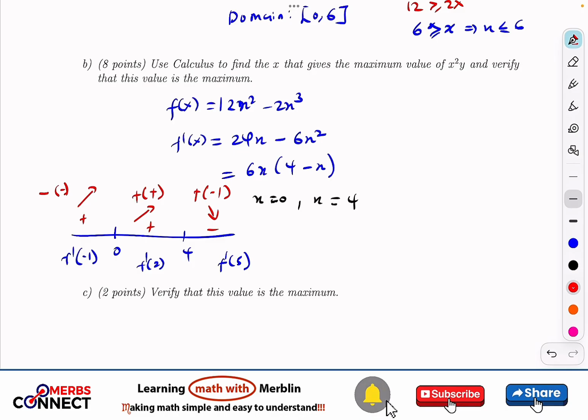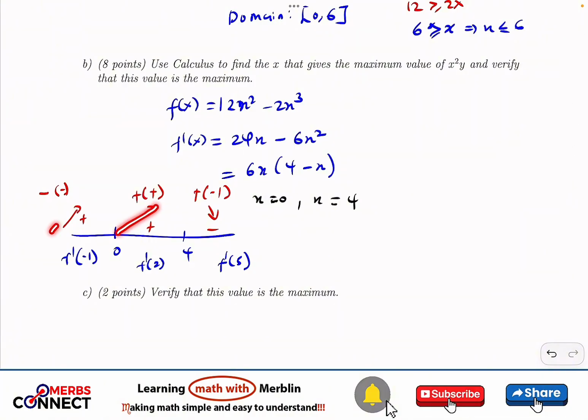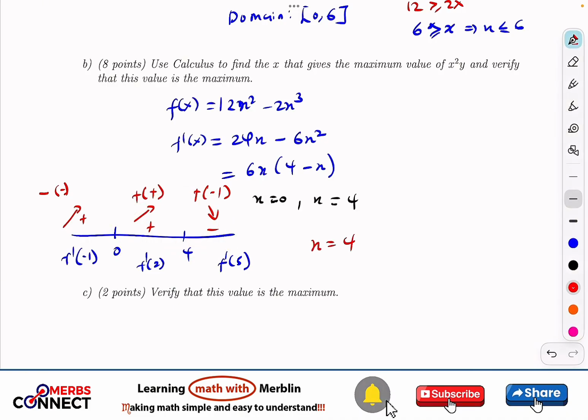So we can see that the function is increasing, also increasing here, and decreasing here. So the sign is changing at this point. So this one is the maximum. So now we can choose our x to be equal to 4. This is the x that we want to choose here.